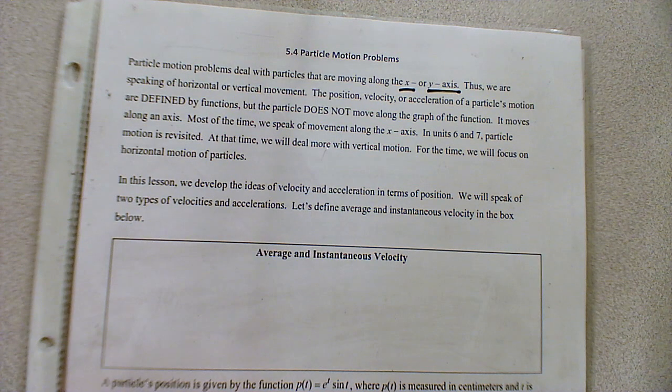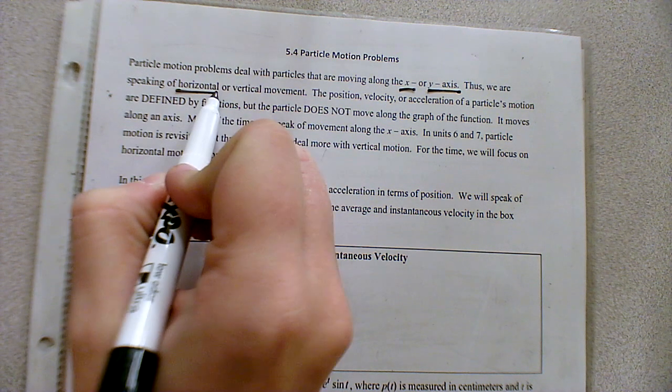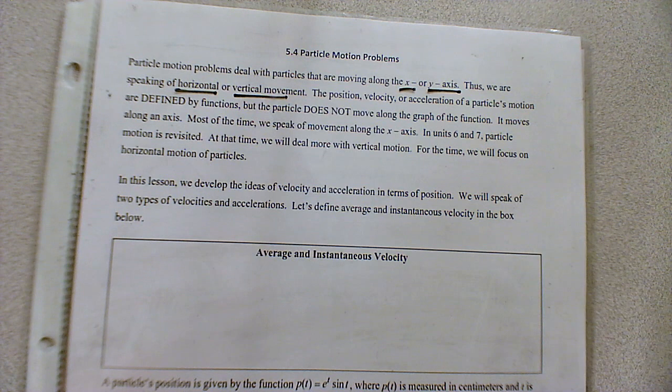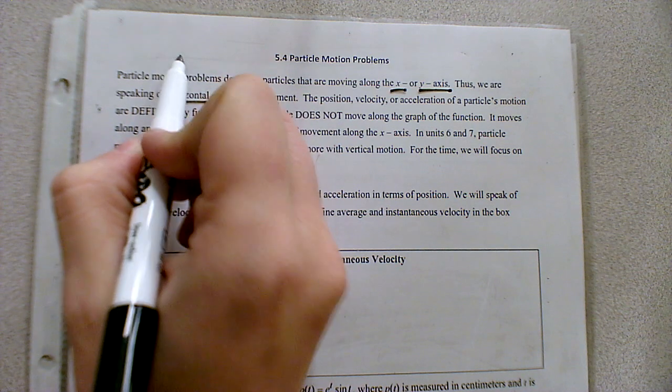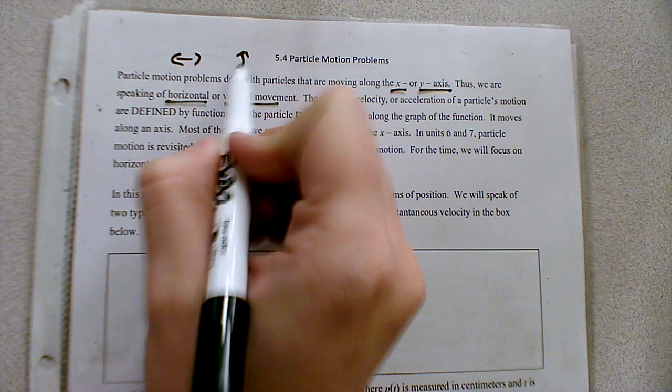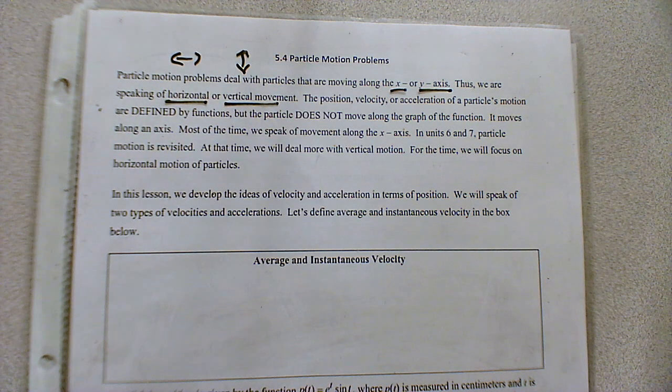So that means we're only going to be dealing with particles that are moving left or right or up and down. So they're not going in a diagonal path or a circular path. They're strictly moving left or right or up and down. When you get into Calc 2, we start to talk about curved paths or diagonal paths, but for right now we're just going to focus on left, right, and up and down.